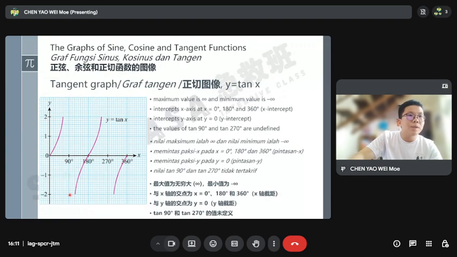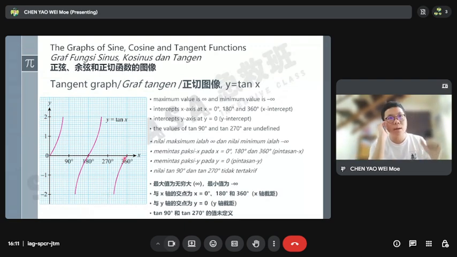So it approaches 90 but cannot equal 90. Here is the same thing at 270. This curve can approach here, but it cannot equal 270. 271 is acceptable because 271 has a value for the tangent. So I can make it here also.